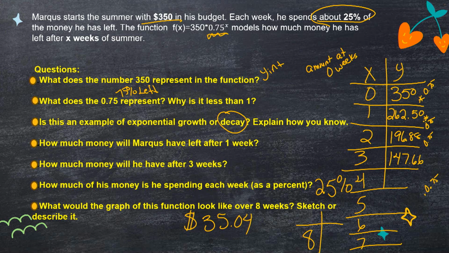So we need to make sure that we're reading the question and we're looking back at the passage. We're also looking at our graph and maybe even looking at the graph of the table and of our Desmos graph to see how we answer these different questions. Because with these exponential functions, you have to look at the previous point to get your next point. All right, so here we go.